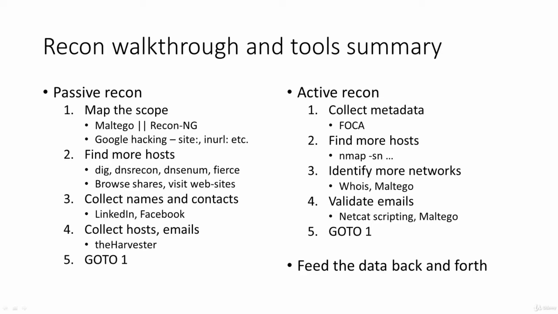Of course, if we missed something, we can go to Whois databases, and by Maltego we can identify some more networks. For example, we can just identify an autonomous system on the internet that the particular network belongs to, and see what other networks belong to this autonomous system, if that's not an internet service provider, but the autonomous system is owned by our client.